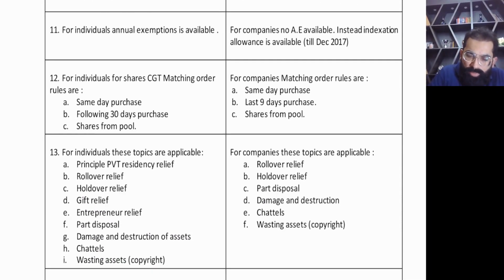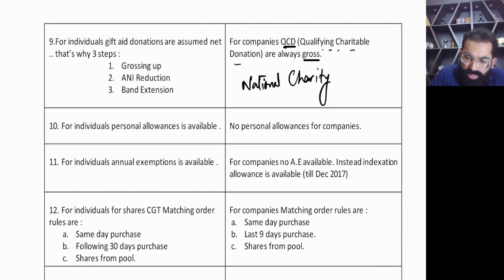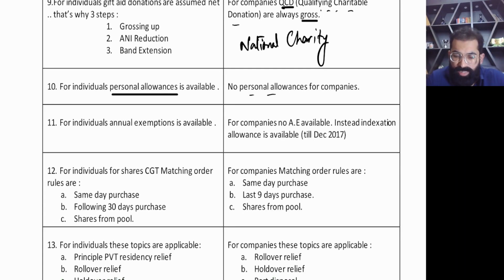Yes, very important. For individuals, personal allowances are available. For companies, no personal allowances are given. Be careful, this may come in your theory as well. Then for individuals, annual exemption is available in individual CGT.